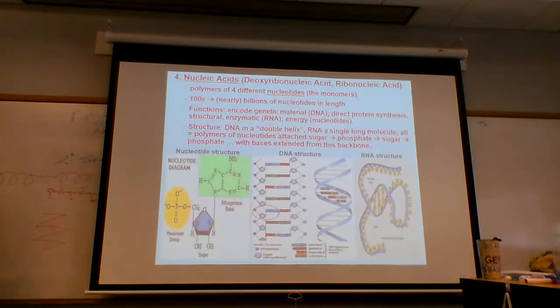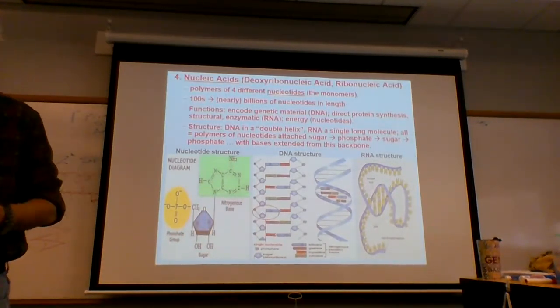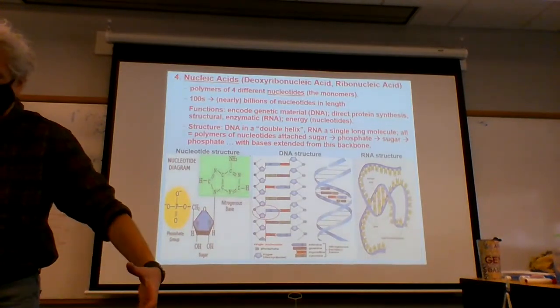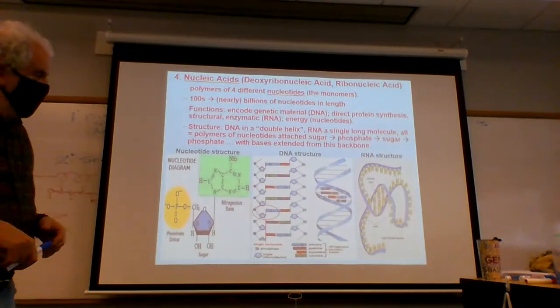But you can think of the DNA as taking a ladder and twisting it, or thinking about a spiral staircase with no handrails. And when you're walking up the spiral staircase, you're walking on the hydrogen bonds. And the actual stair sides are the phosphate sugar backbone.